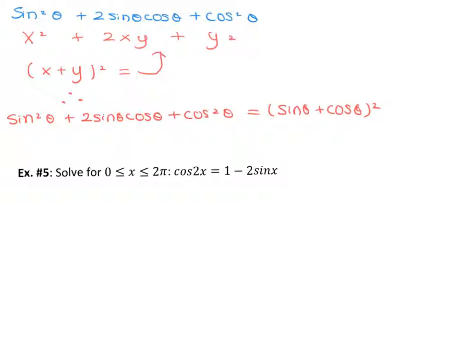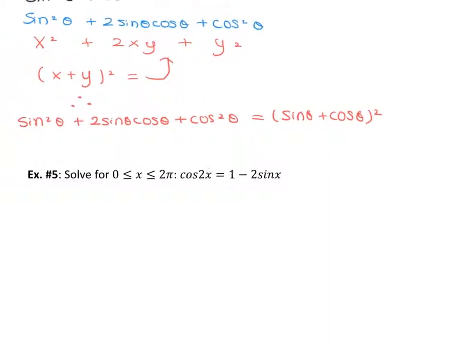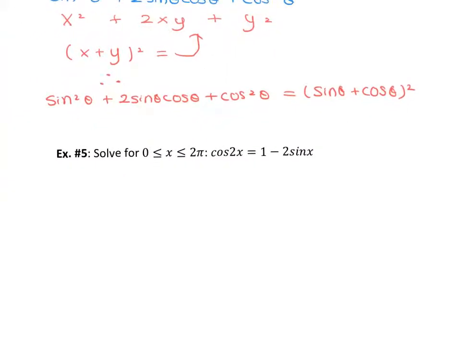This time it says cosine 2x is equal to 1 minus 2 sine x. If you have to solve something, you either want it all in sines or all in cosines. So that's what you need to do first, is rewrite cosine 2x as what? What do you think? 1 minus 2 sine. Yes, 1 minus 2 sine squared x.